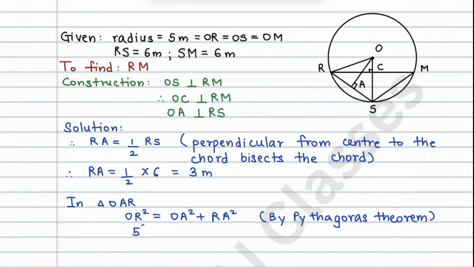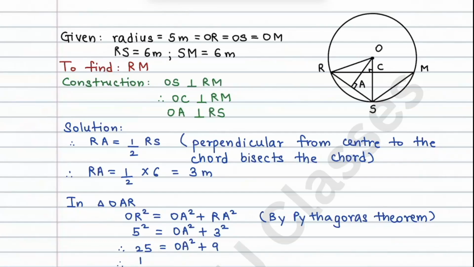So 5 square is equal to OA square plus RA, we just know as 3 meter, 3 square. Therefore 25 is equal to OA square plus square of 3 is 9.